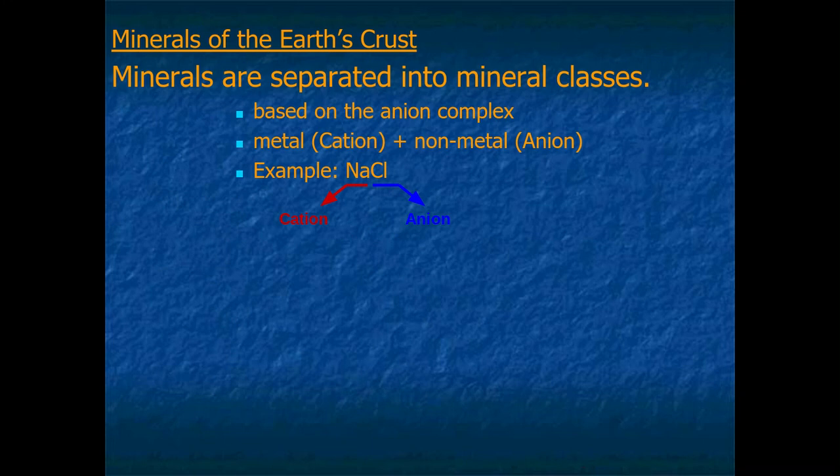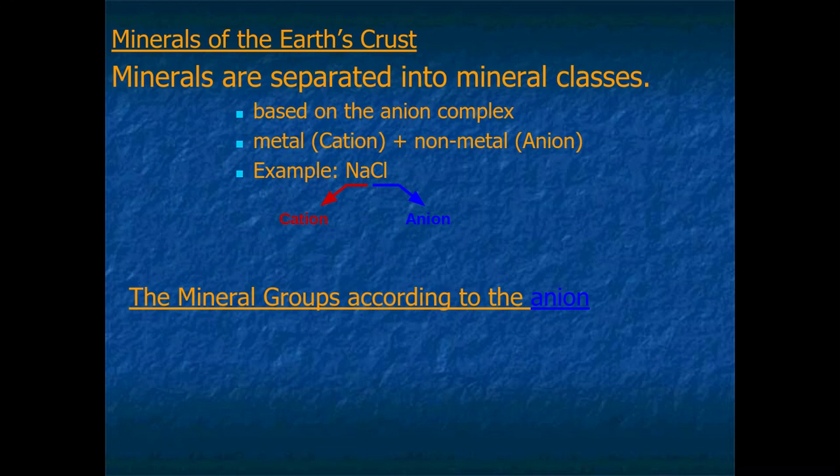In this case, halite, or sodium chloride, would be categorized in group 17 of the periodic table, where chlorine exists. This is known as the halides, but again, it's based on the anion.